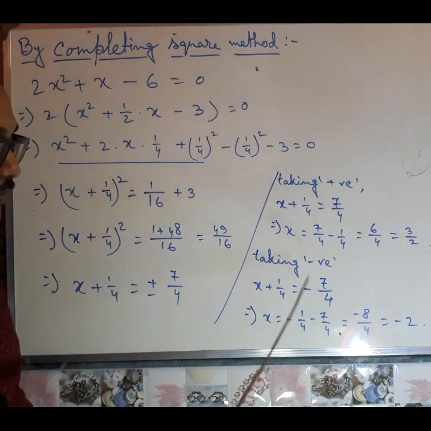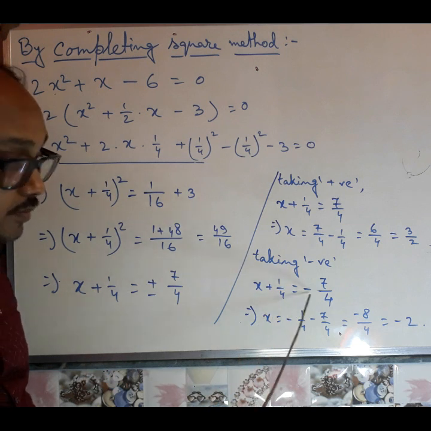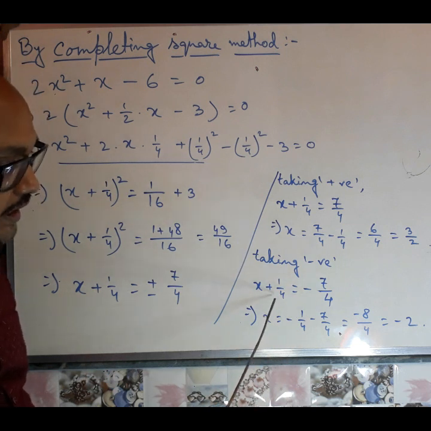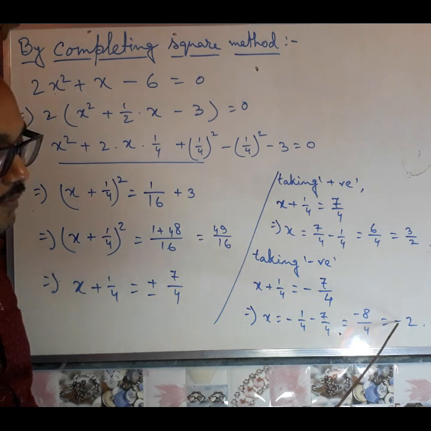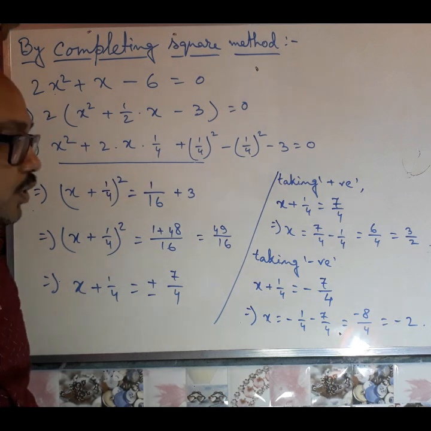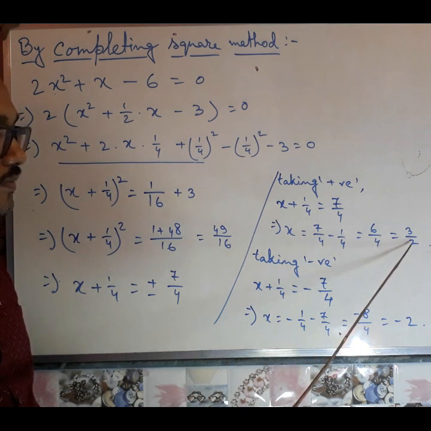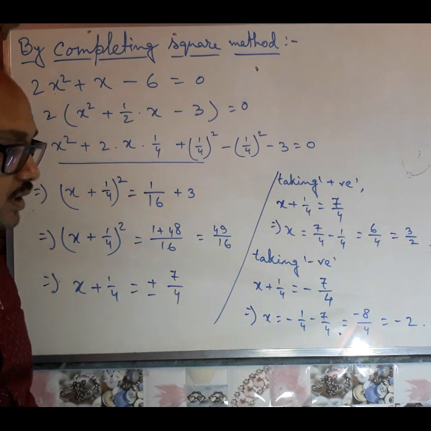And taking the negative sign, x plus 1 by 4 is equal to minus 7 by 4. Changing the side of this 1 by 4, that is minus 1 by 4 minus 7 by 4, that is minus 8 by 4, that is minus 2. So therefore x is equal to 3 by 2 and x is equal to minus 2.